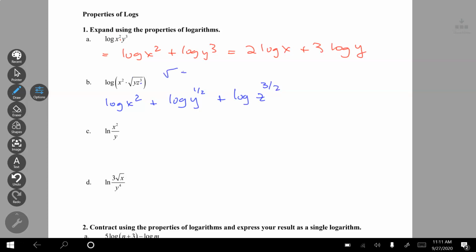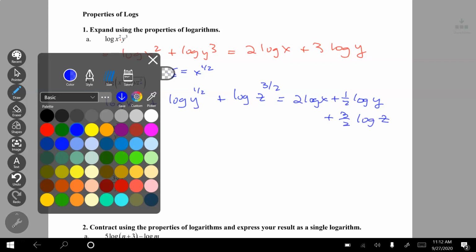Remember, the square root is really something raised to the half. And if I clean this all up, it becomes 2 log x plus 1/2 log y plus 3 over 2 log z.